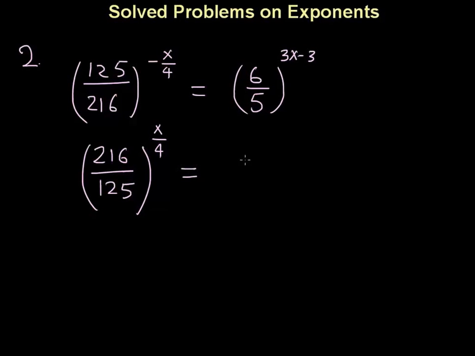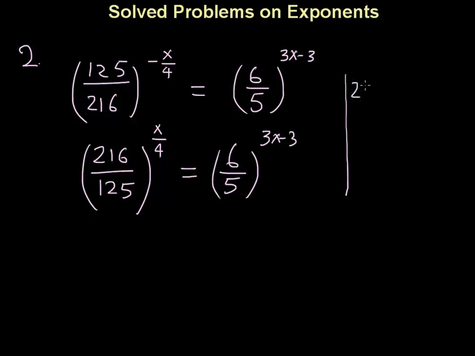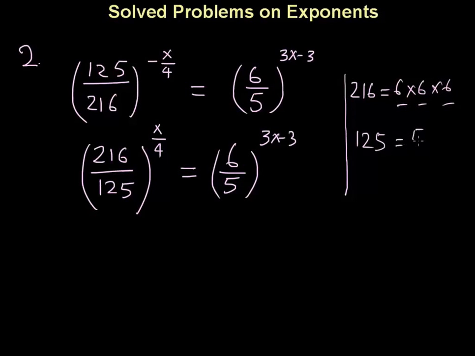That is equal to 6 by 5 to the power 3x minus 3. So let's do the factors here. 216 is actually 6 into 6 into 6, 3 times. And 125 is again the same way, 5 into 5 into 5.